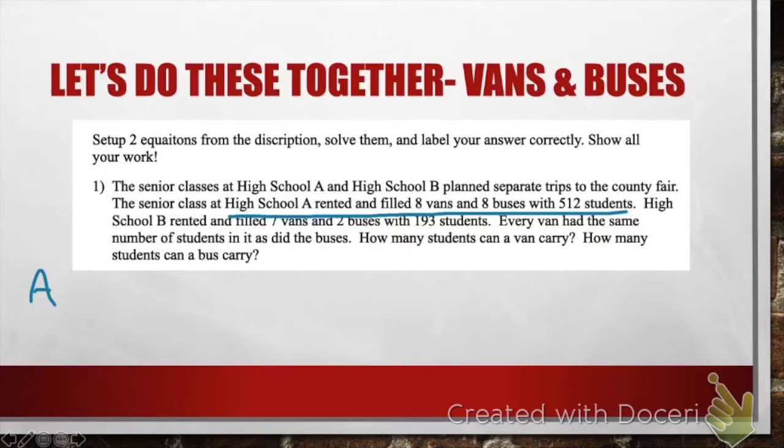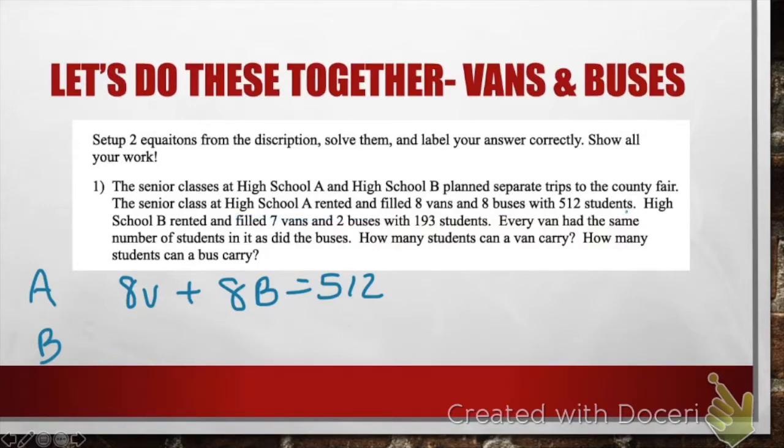I'll have 8 vans plus 8 buses with the 512 students. Then I have an equation for School B. And School B here has 7 vans and 2 buses with 193 people.